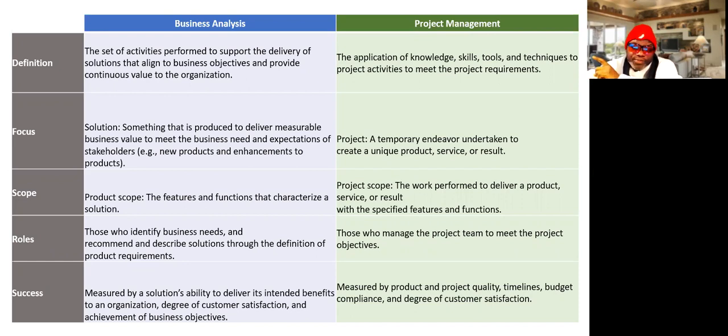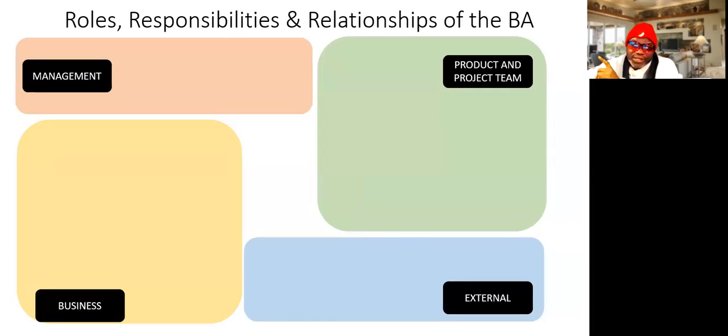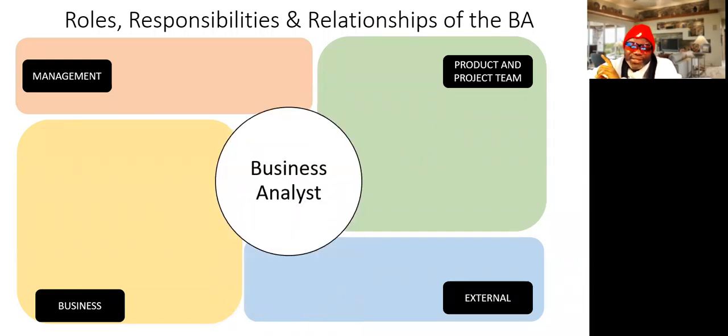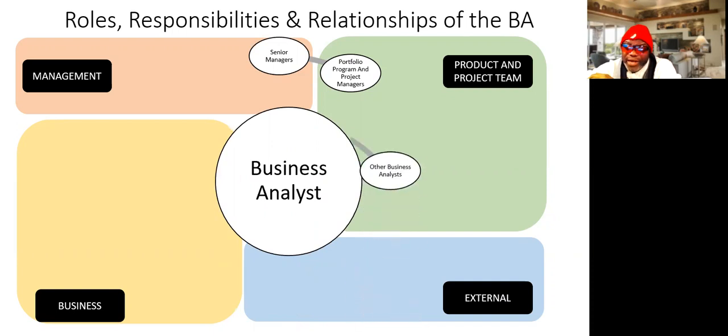So the roles and responsibilities of the business analyst can be as follows. We have business analysts communicating and working with senior management. They need to understand what senior management want. We also have them working with portfolio, program, and project managers. We have them working all across the business.